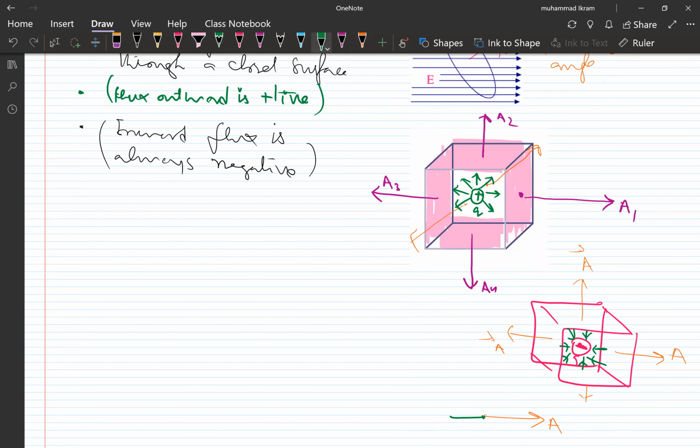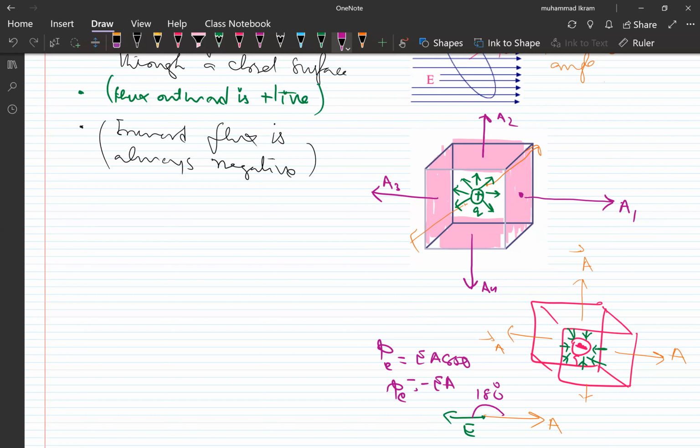And you see, look, what is this angle? 180 degrees. And what is electric flux? EA cos theta. So cos of 180 is minus 1, so it is minus EA. So the flux is negative.